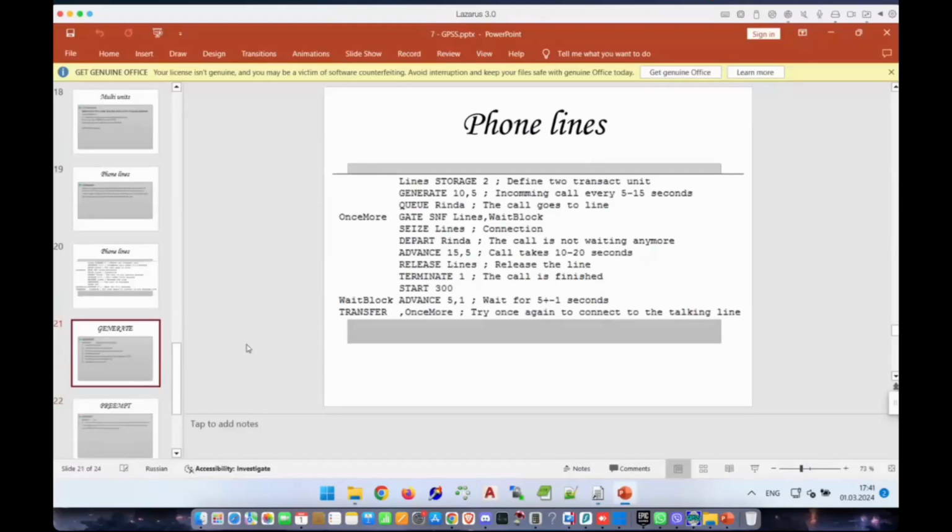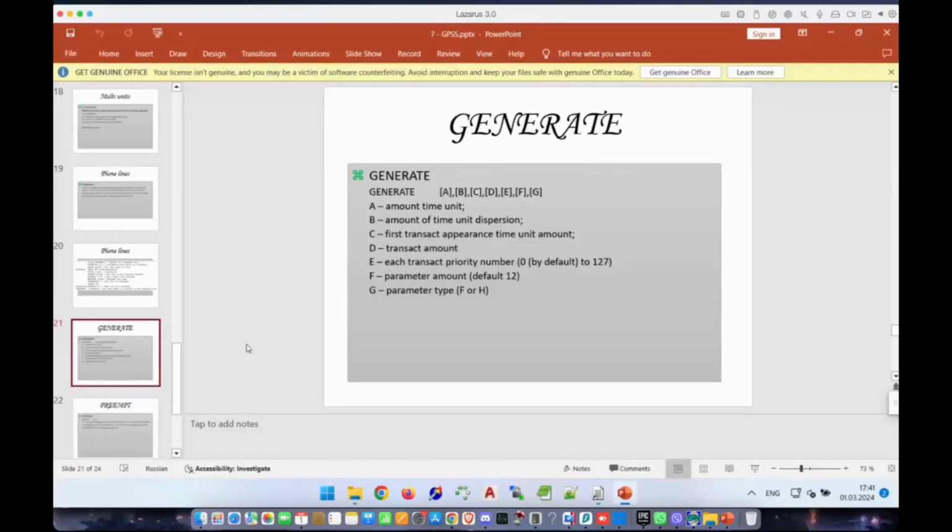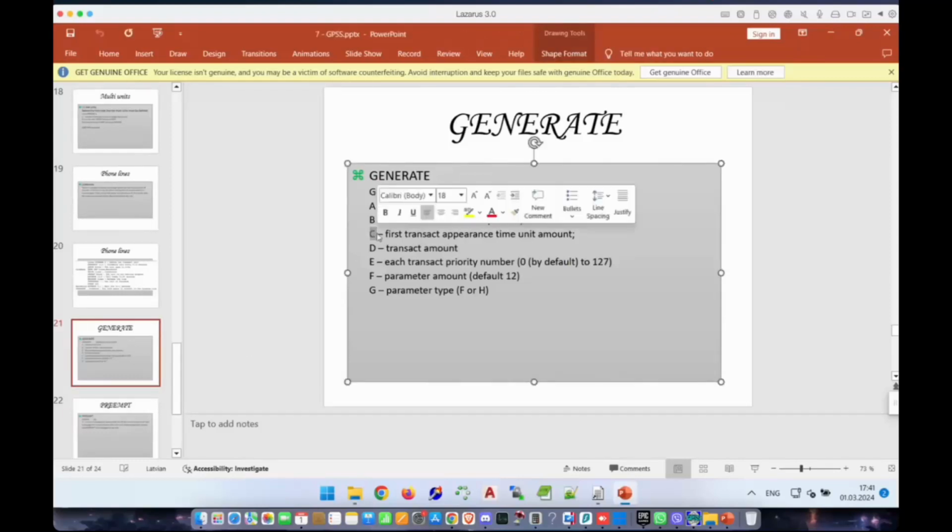So the generate block itself contains 7 parameters. In more advanced versions of GPSS, it has even more of these parameters. But before this, we used only two of such: A and B, so the average time and the time dispersion. So what else can we set up? We can set up the appearance in time units for the first transact generated by the generate.